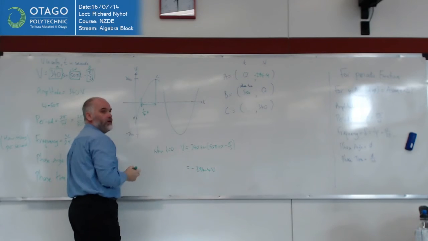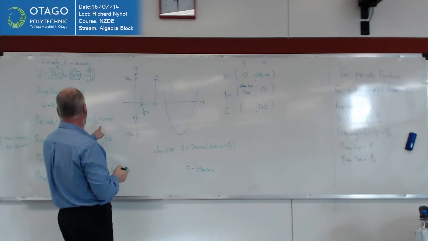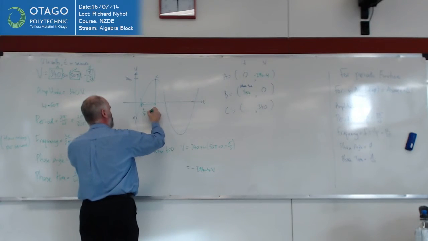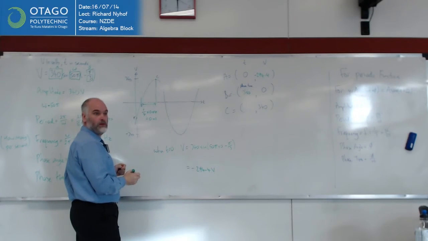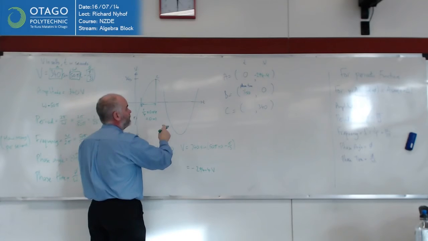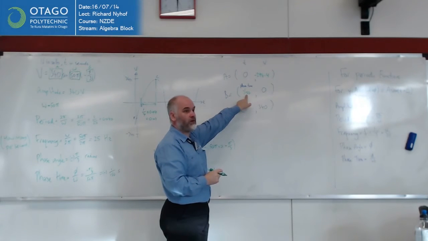So that's 1/4 of a period, and we worked out the period was 0.04, which is 0.01. And we could just add that on to the 1 over 150th.